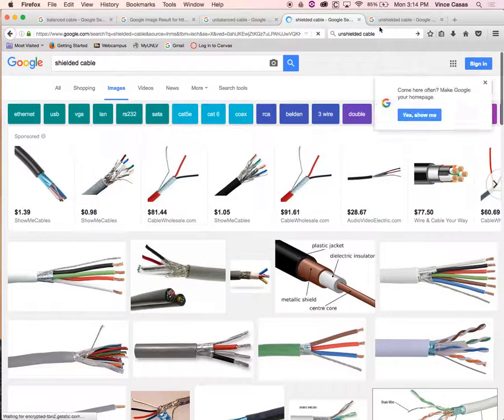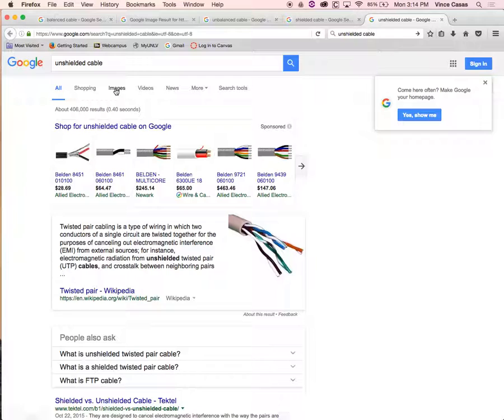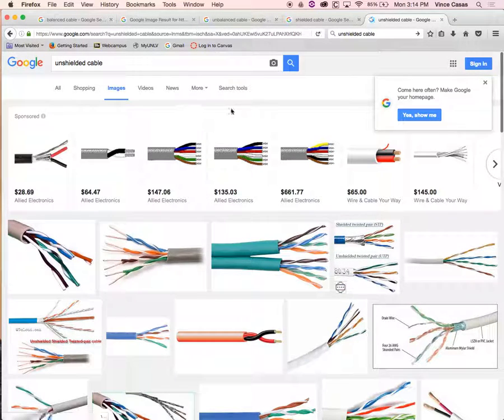Basically what happens is, in an unshielded cable, what they call essentially twisted pairs, and I think the initials are UTC, unshielded twisted cable, and the book might have mentioned that.